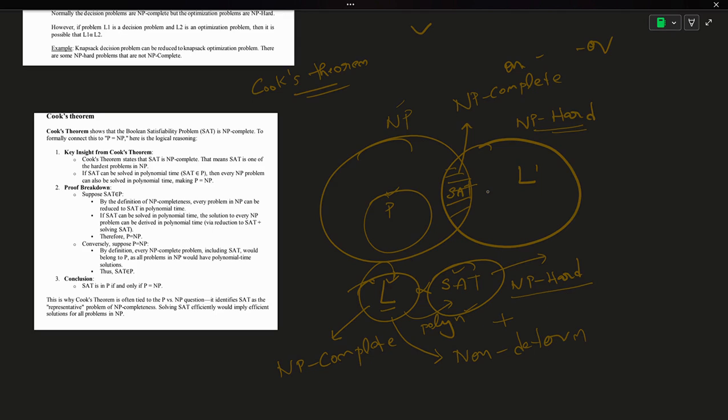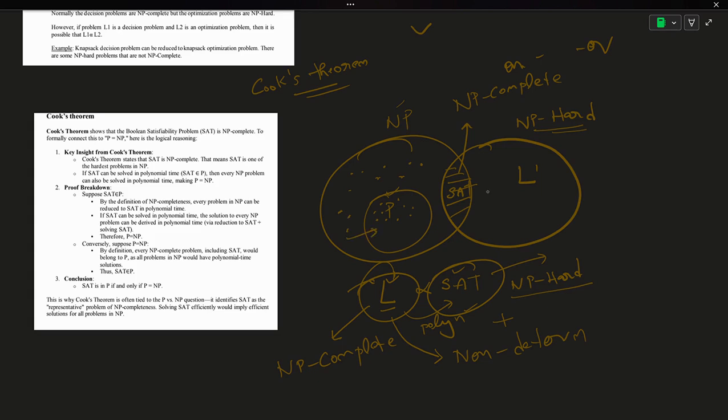See, the deterministic algorithms, that means the elements which are in P, were once upon a time part of NP. All the deterministic algorithms that we know today were non-deterministic at some point back in time. Similarly, all the non-deterministic algorithms that we know today will be coming into the deterministic phase as well.